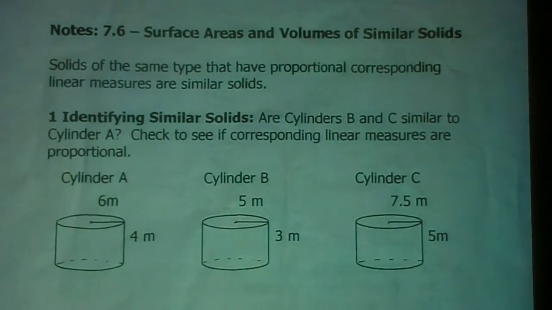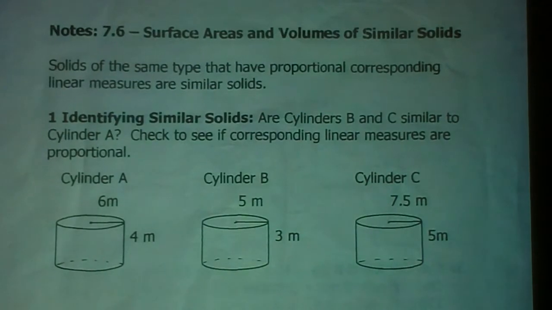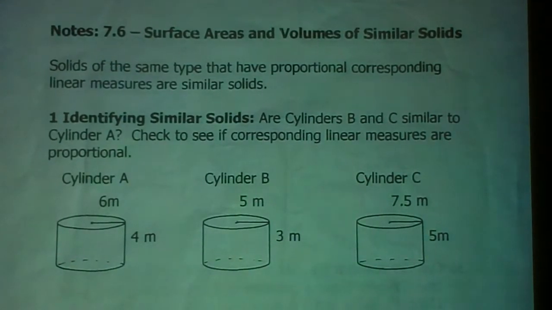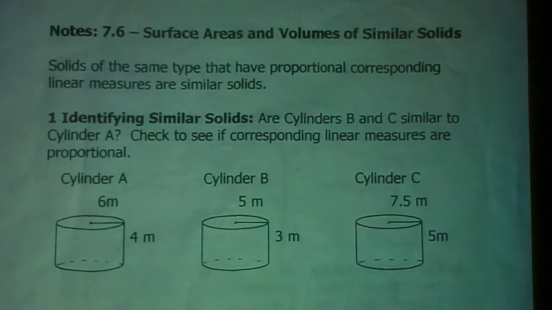All right, so solids of the same type that have proportional corresponding linear measures are similar solids. That's quite a mouthful. First of all, solids are just the 3D shapes that we have been dealing with in Unit 6 and Unit 7. Proportional relationships you learned about a while back, and we're going to apply those same concepts today.